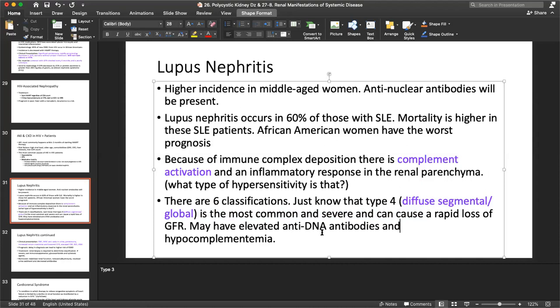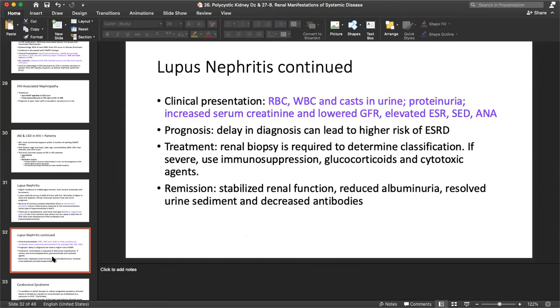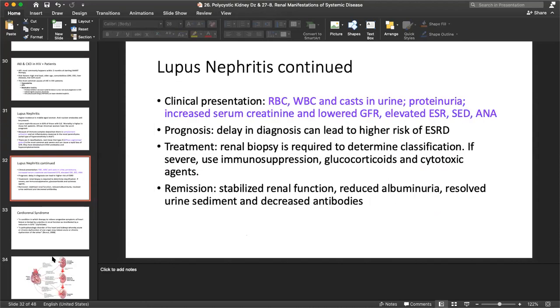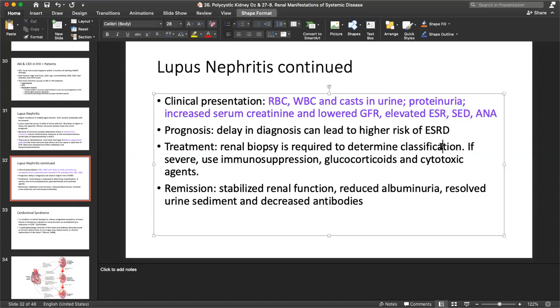They also may have anti-DNA antibodies. Okay, clinical presentation is going to be red blood cells and white blood cell casts in the urine, protein in the urine, high serum creatinine, low GFR, and then an elevated sed rate, or ANA. These are the same.